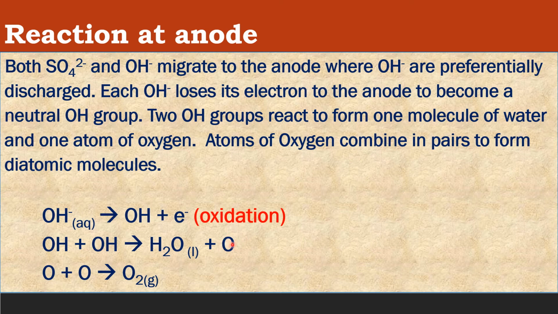So two oxygen atoms will be combined together to form a diatomic molecule, which is O2 that you see here. So this is the reaction that occurs at the anode.